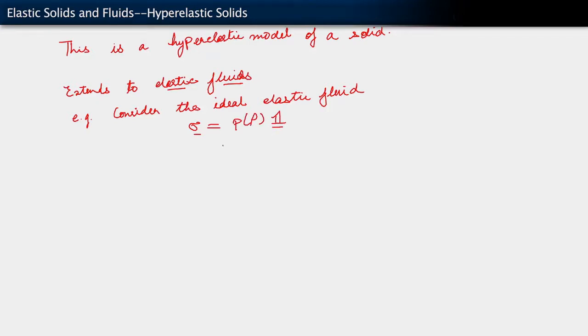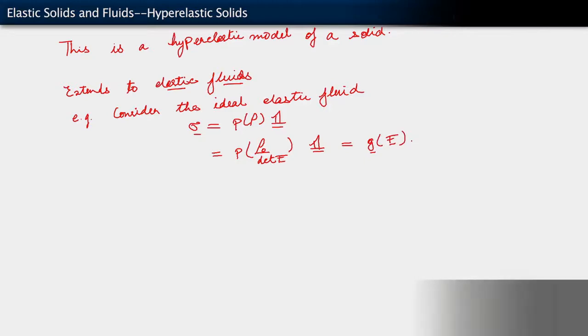Right? Now observe that this can also be written as P because of the way we can write the mass density as depending upon the reference density divided by the determinant of F, right? Okay, so what we have here is essentially our function g of F. All right?